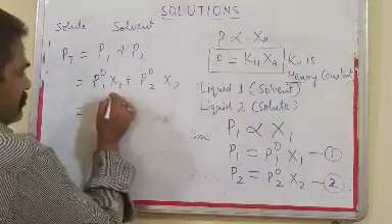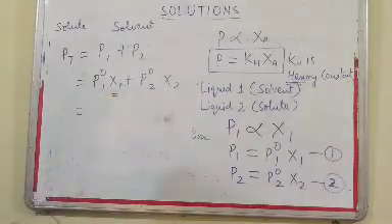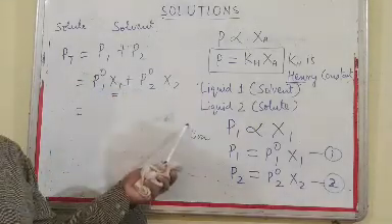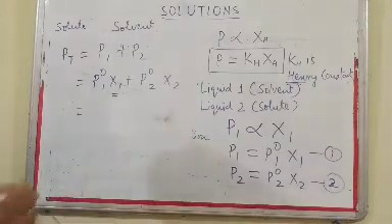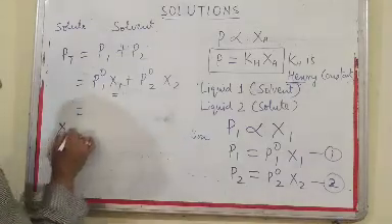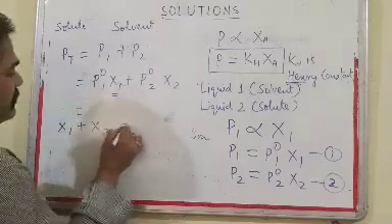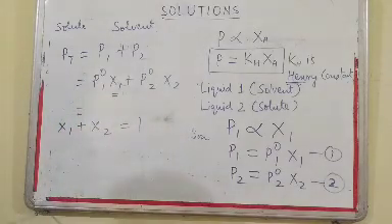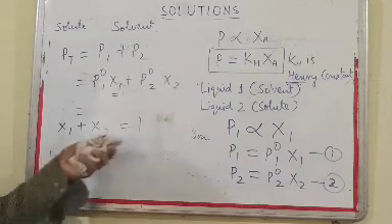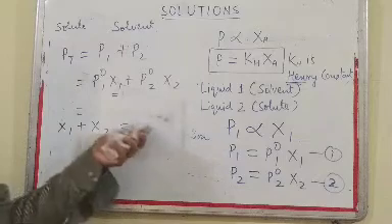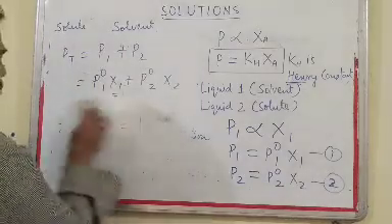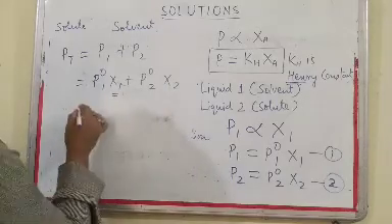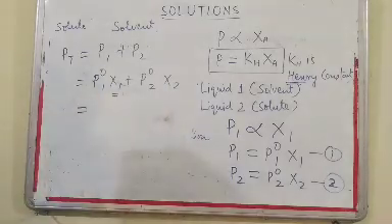Now since we know that in a binary solution there are only two components, the sum of the mole fractions X1 plus X2 is 1. So X1 may be written in terms of X2 or X2 may be written in terms of X1. I am going to write X1 in terms of X2.